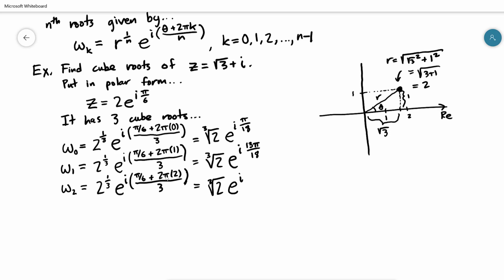So 24 pi over 6 would be 4 pi. Plus an additional pi over 6 would be 25 pi over 6 that I'm then dividing by 3 to get 25 pi over 18. And those are the 3 roots.